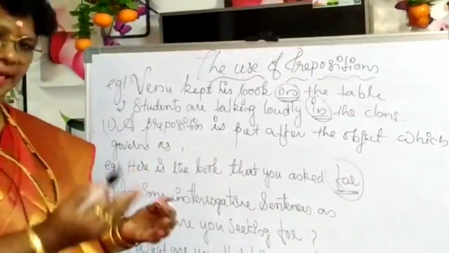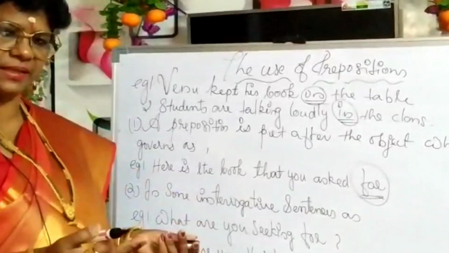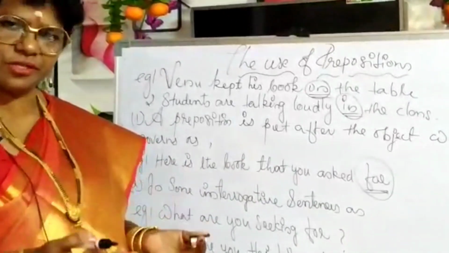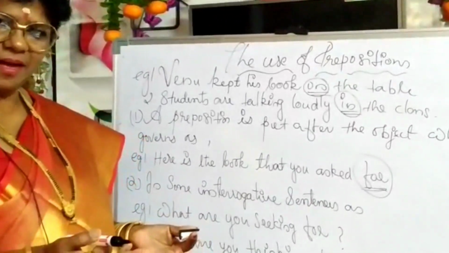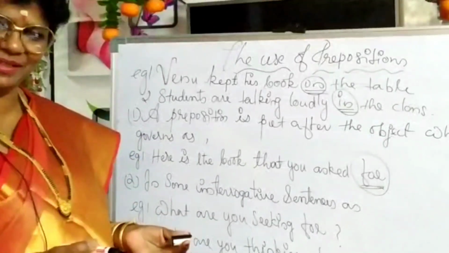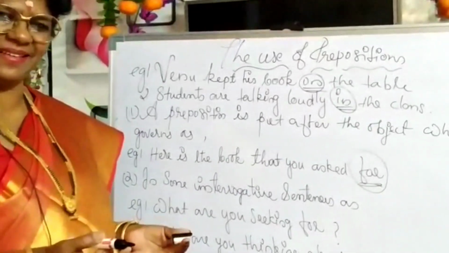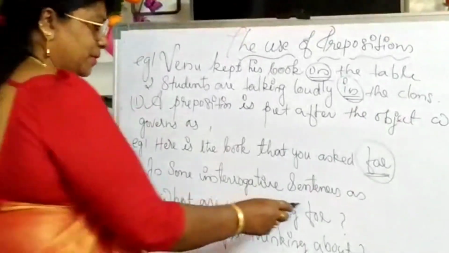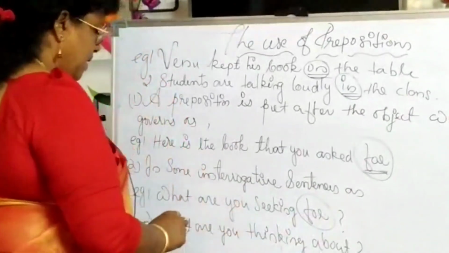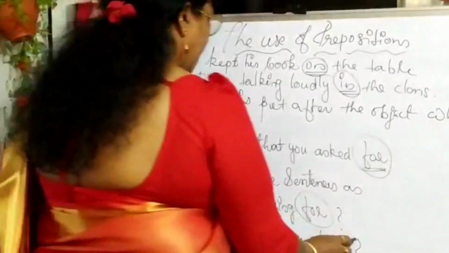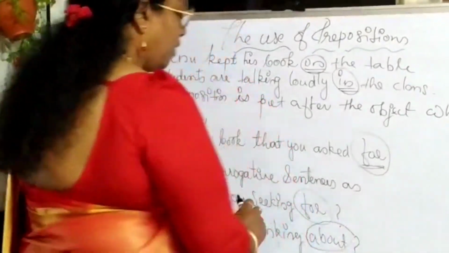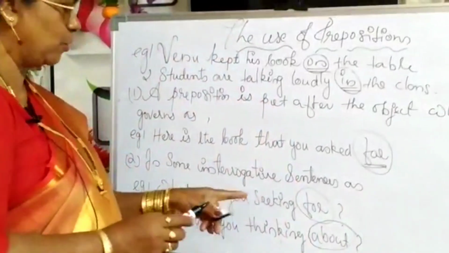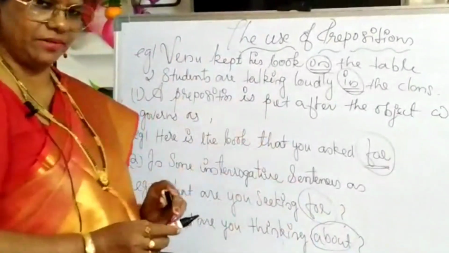Then, in certain interrogative sentences, let us see what the position of prepositions is. Are you following me? Are you all happy with me? Okay, it's very interesting. What are you seeking for? So this is the preposition. And what are you thinking about? Without a preposition, it won't be suitable for interrogative sentences.